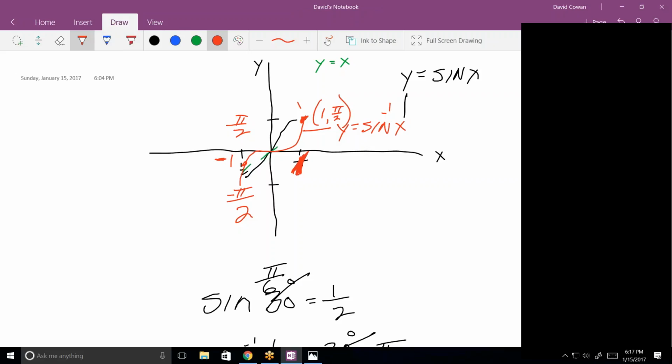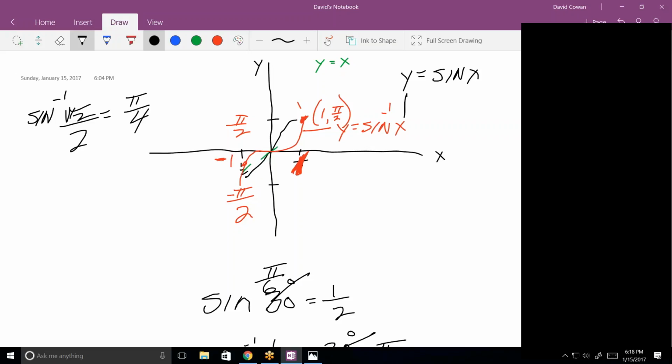it's important. In other words, this is what mathematicians have come up with by convention, to restrict the domain from minus pi over 2 to pi over 2. And what that means is that when you take inverse sines of certain angles, you get, for example, pi over 4.